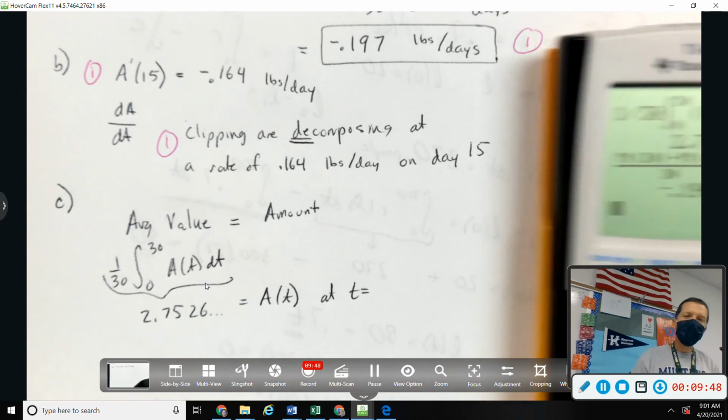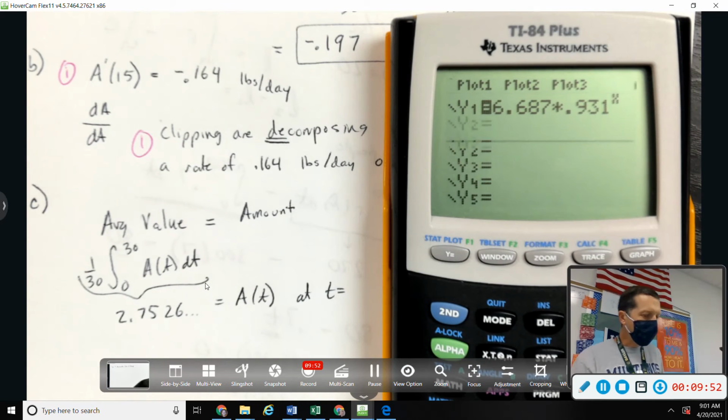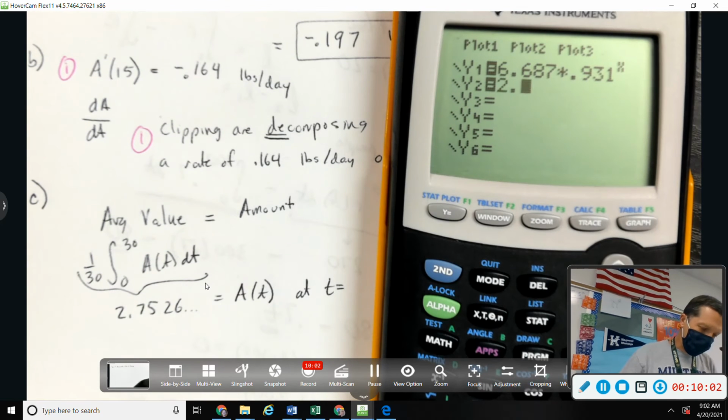Well, I can let the calculator do that as well. How do you want to make the calculator find that out? Because I don't really want to set up an algebra. I'd rather let the graphing part do this. I think that's the easiest way. Just make a line and then figure out where they intersect.